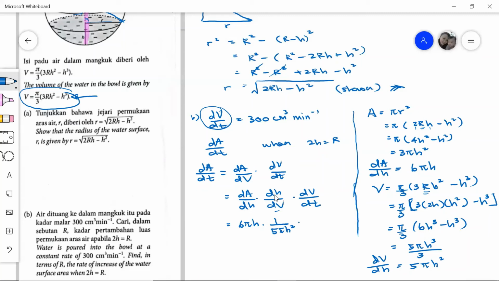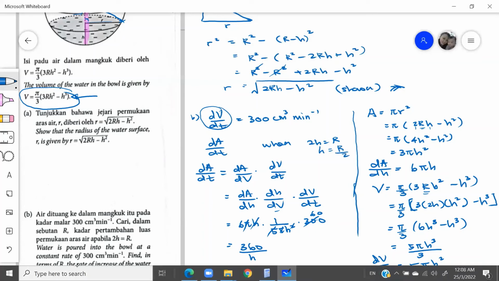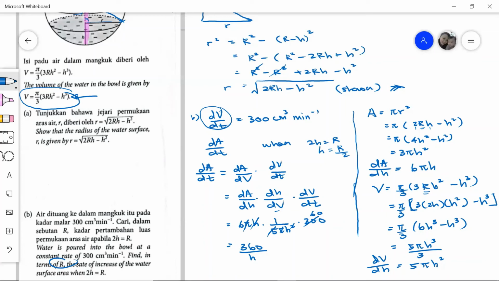And then multiply with dV by dt. dV by dt is 300, okay? And therefore we have h simplified, pi simplified, 5 and 300 can be simplified, becomes 60. So we have 360 over h, and 2h equals to r. Therefore, h equals to r over 2, because the question wants us to give our answer in terms of r. So we shall replace the h with r over 2.